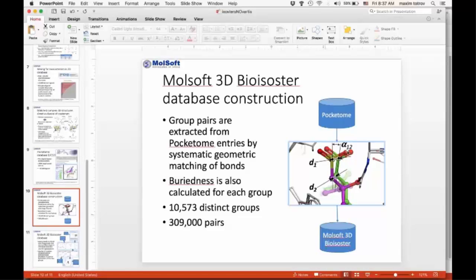We also calculated for each group the variedness, to take care of groups that are not truly isosteric because they're sort of in solution. That produced a database of 10,000 groups and about 300,000 pairs.